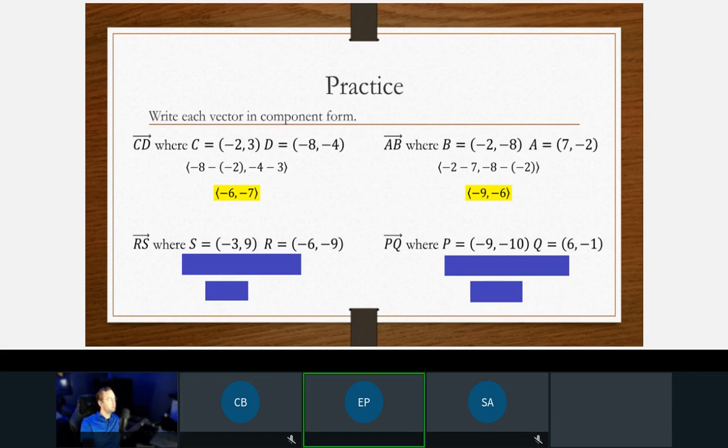Yeah, I copy pasted my answer from the last problem. Looks like it, yeah. So our initial point is S, and the terminal point is the other. Remember, it's terminal minus initial. So -3 minus -6.